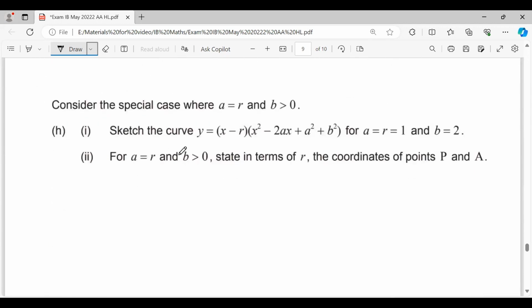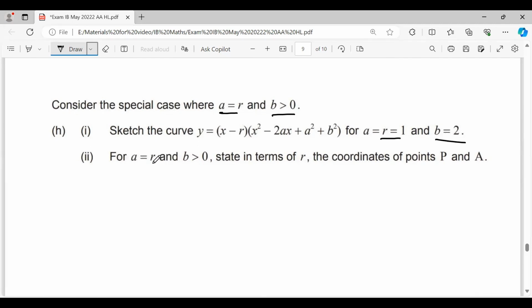Consider the special case where a equals r, greater than 0. Sketch the curve of these functions for a equals r equals 1 and b equals 5.